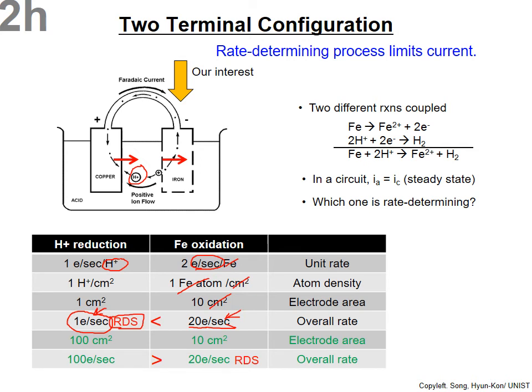You should just follow his speed. So it is the same situation. You should think about which one is rate determining when you make electrochemical cells. Sometimes you should increase the electrode surface area.